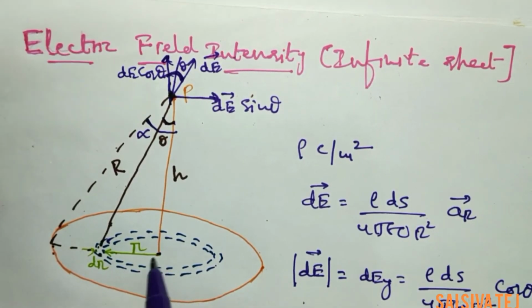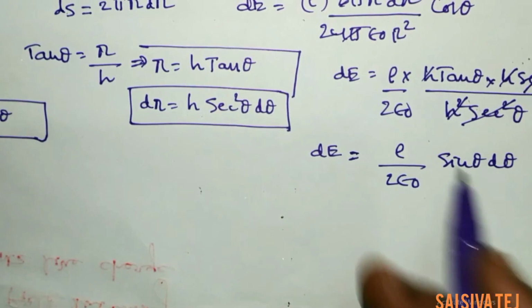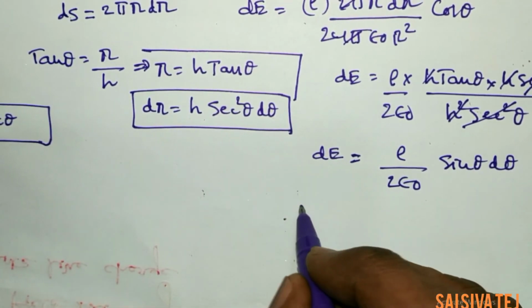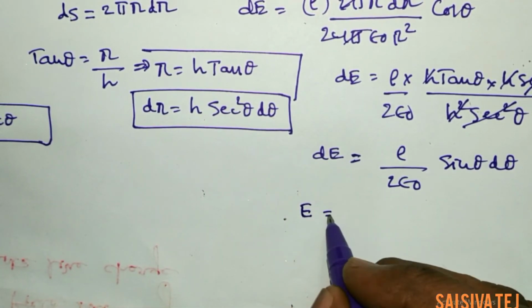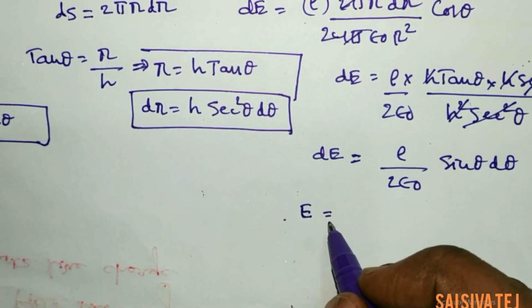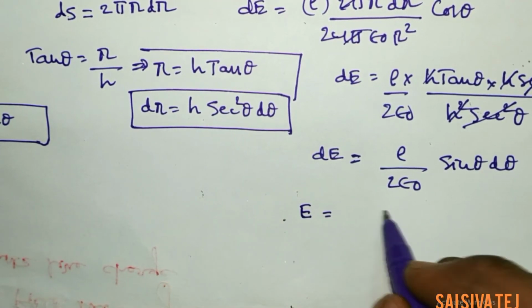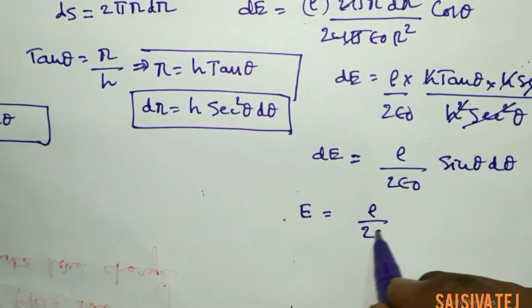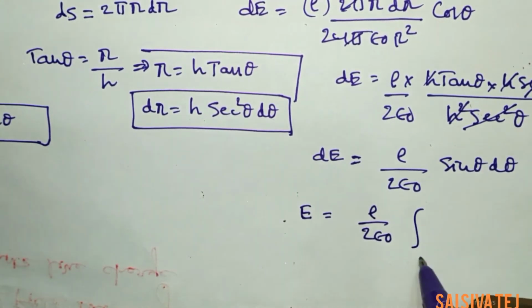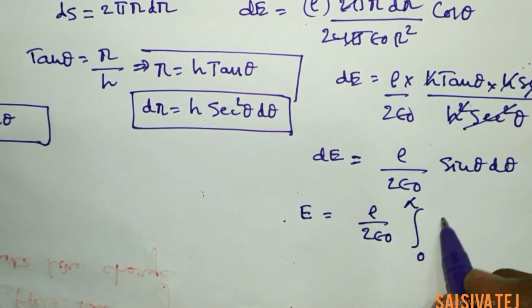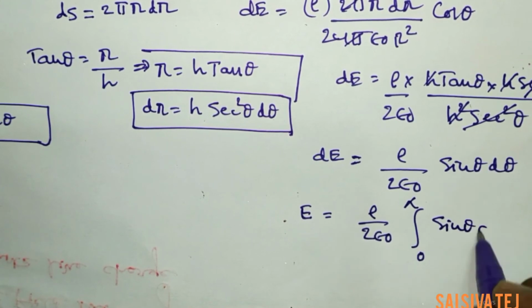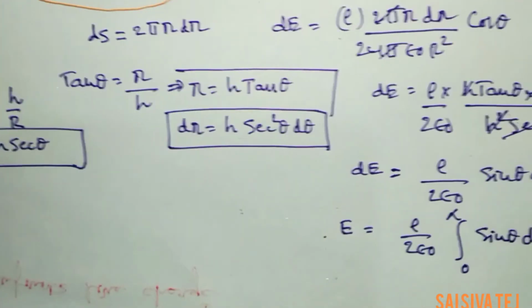Hence the limits will be from 0 to alpha. So the total electric field intensity E due to the sheet of charge on the disk is rho by 2 epsilon naught integral of 0 to alpha sin theta d theta.